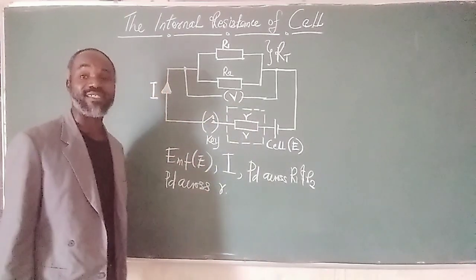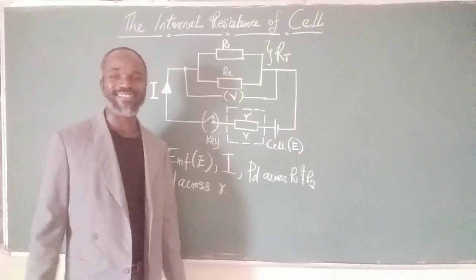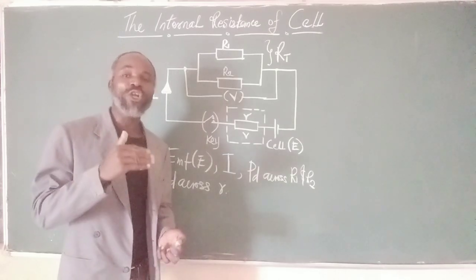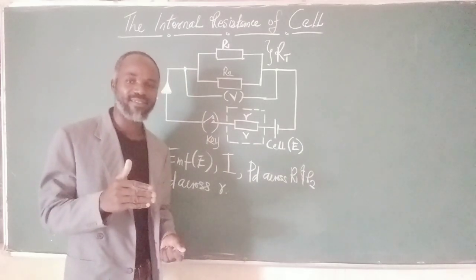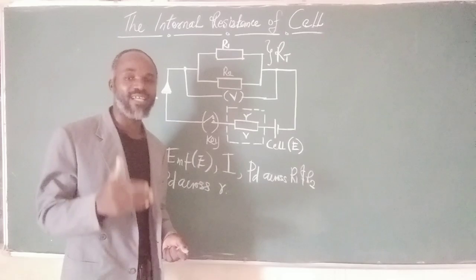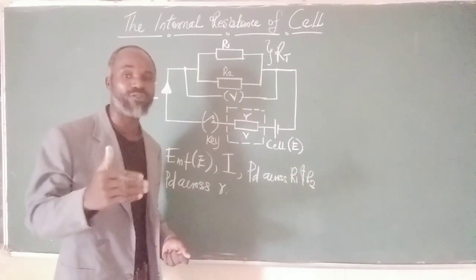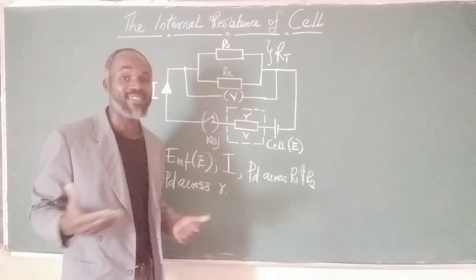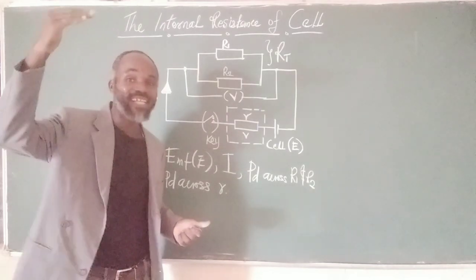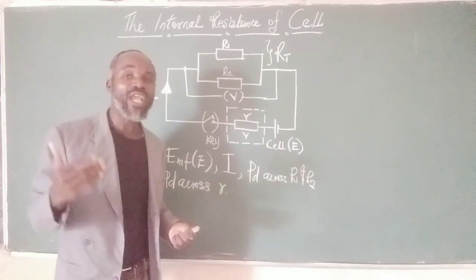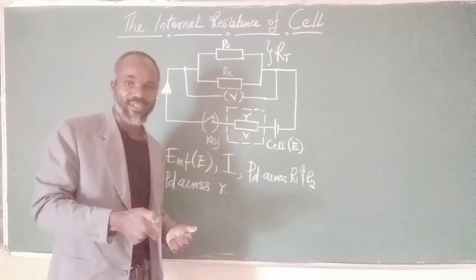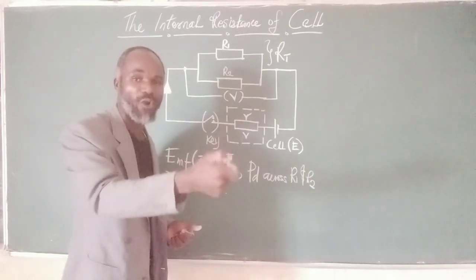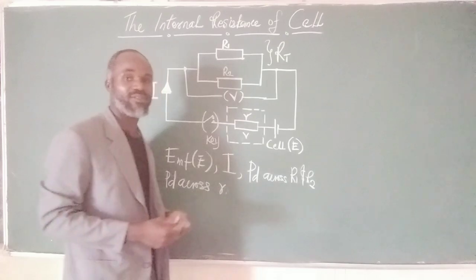So we take into consideration the potential drop across the internal resistance of the cell. Very, very important. If that is the case, it means that low internal resistance will allow the cell to give a high amount of current to the external circuit. Conversely, high internal resistance will stop the cell from giving a sufficient amount of current to the external circuit.